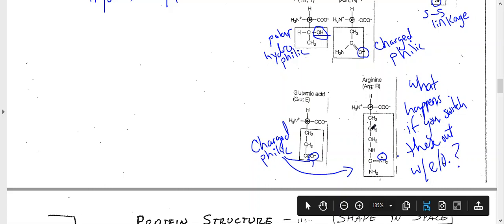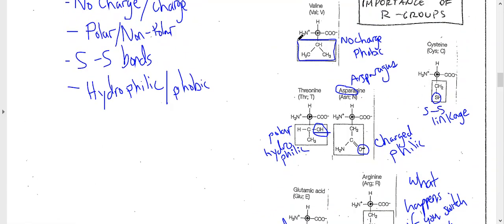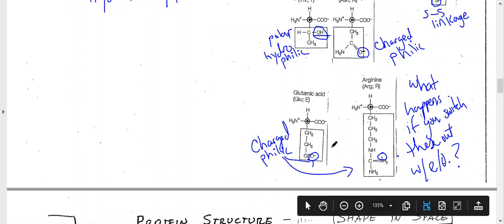Basically what I'm asking is, if you have a protein and a specific amino acid has a charge on it, and there's a mutation, for instance, that substitutes a different amino acid that maybe like this one is nonpolar, how is that going to affect the overall shape of the protein? These are questions that you're going to have to know the answer to because it's going to be the foundation of everything else we do for a lot of the rest of the year.